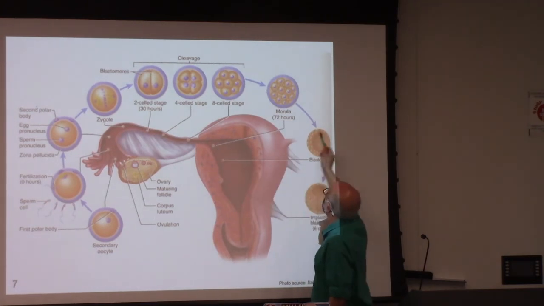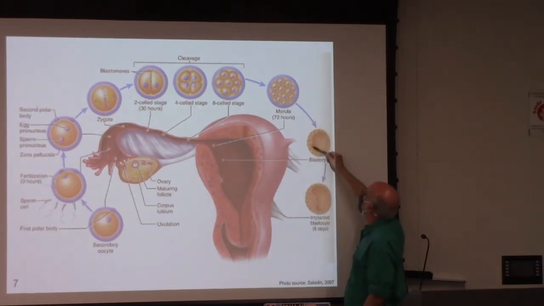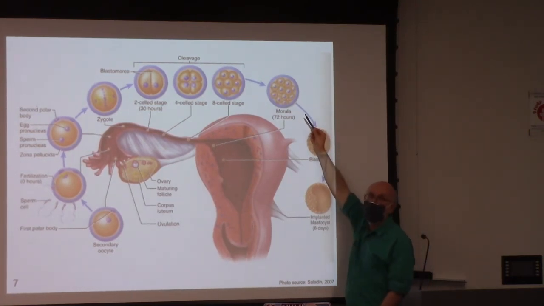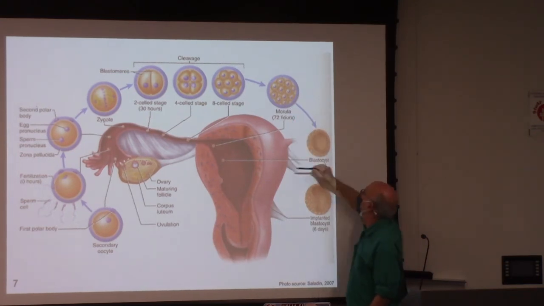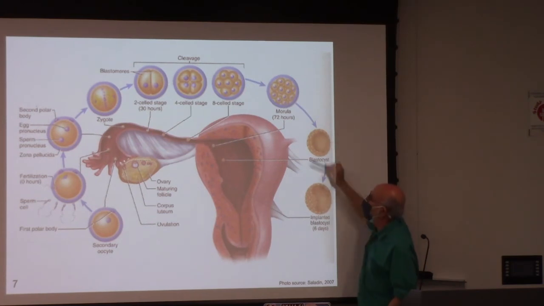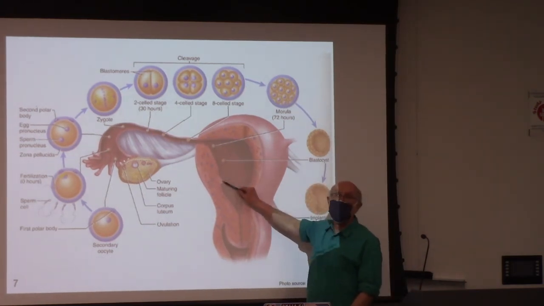This multicellular structure, I won't ask you the names of to differentiate. This is developmental biology, going from the morula to the blastocyst to a complicated blastocyst. The point is there's implantation into the uterine endometrium.